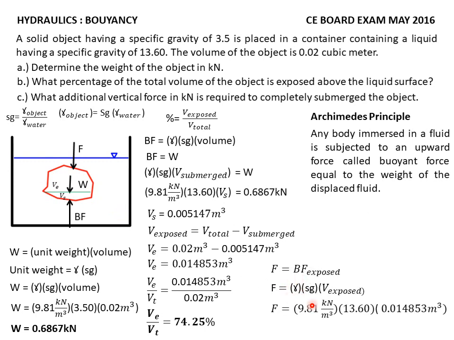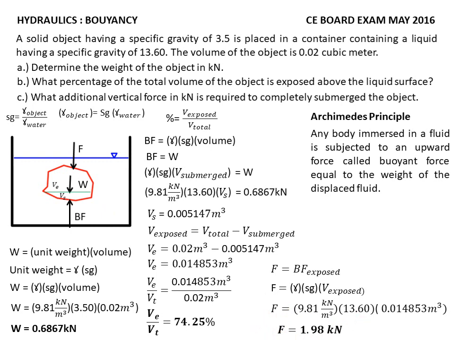Unit weight of water is 9.81 kilonewton per cubic meter. Specific gravity of fluid is 13.6. And the volume of exposed is 0.014853 cubic meters. So, the force needed to submerge the object is 1.98 kilonewton.